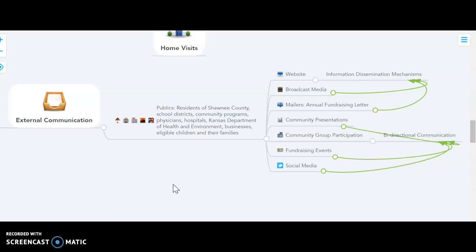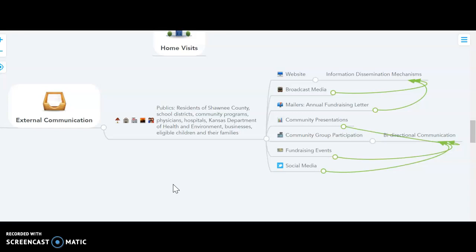The Kansas Department of Health and Environment is the government agency that is the lead agency or oversees the Birth to Three Tiny K special education program for the entire state. We partner with other businesses in the community, and then certainly eligible children and their families are another public that we serve.